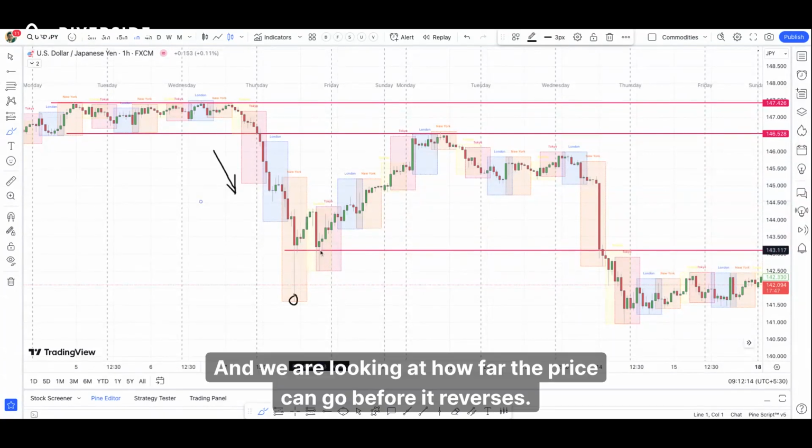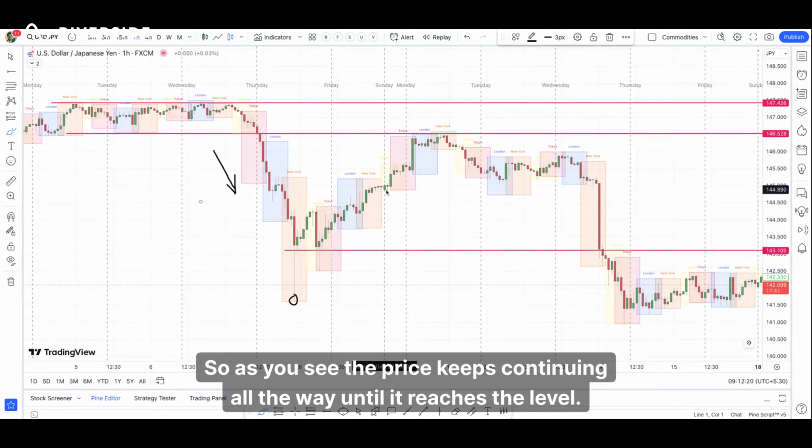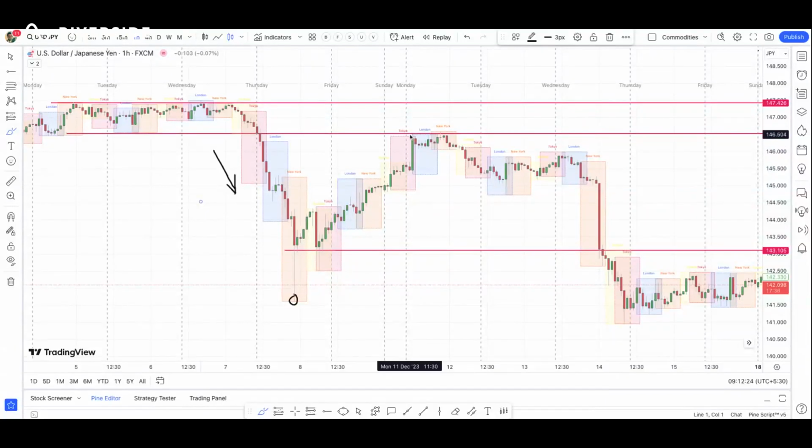We are looking at how far the price can go before it reverses. As you see, the price keeps continuing all the way until it reaches the level that was established previously, and we see that it is reacting to that level for sure, and it started reversing after that.